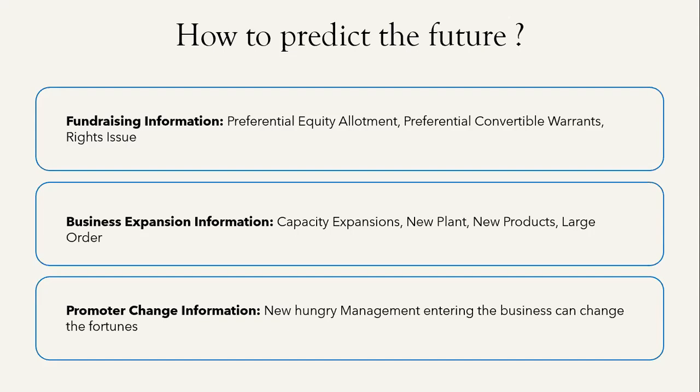Now, first question for everyone. If a 50 crore revenue company gets a 1,000 crore order, will that company become large with time or not? Is that good for the company or bad for the company?